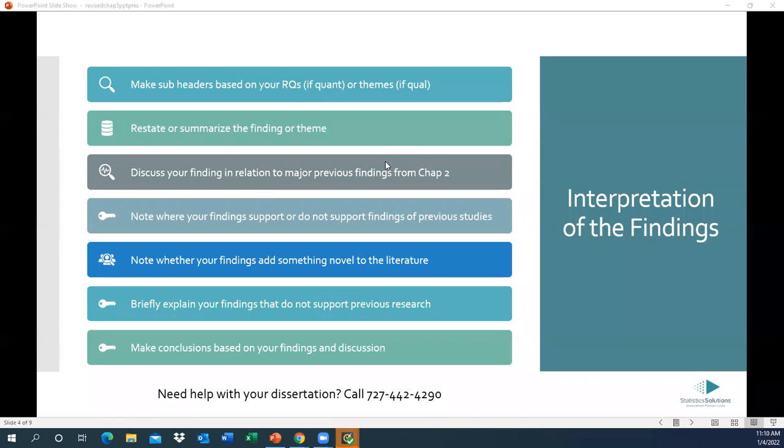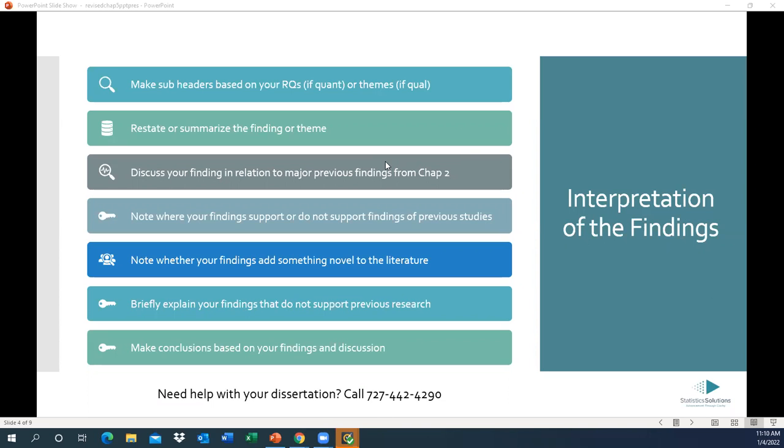And it's usually expected that you try to briefly explain why your findings may have been different. Sometimes it has to do with your population or your setting, differences in that as compared to previous research. But some kind of explanation of why your findings may have been different.